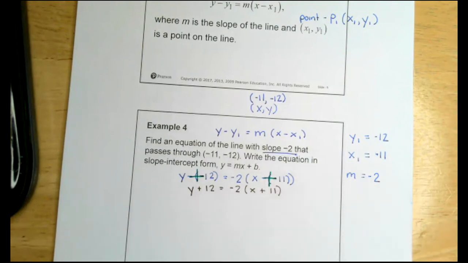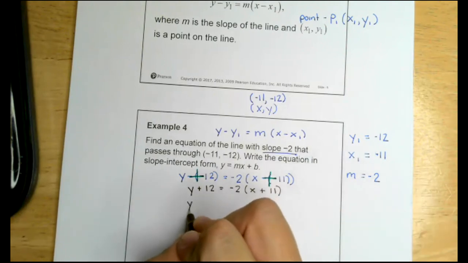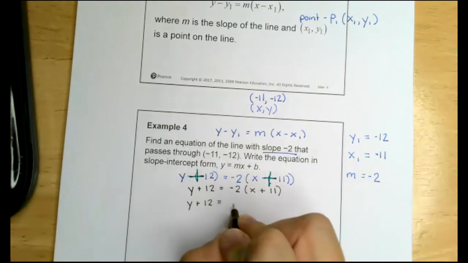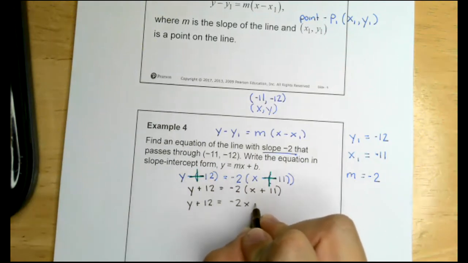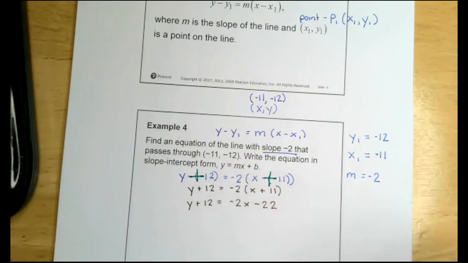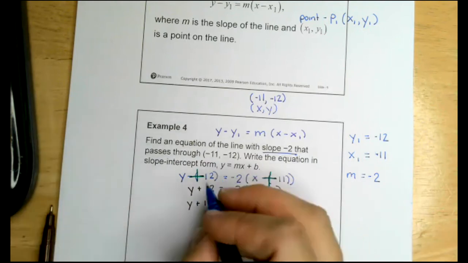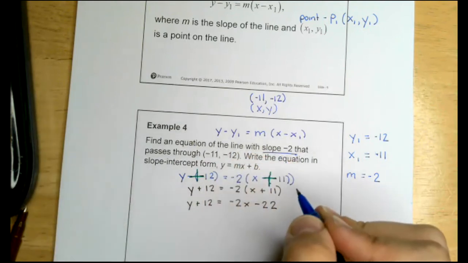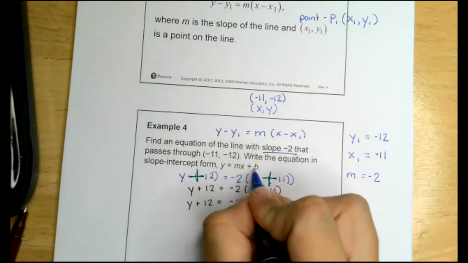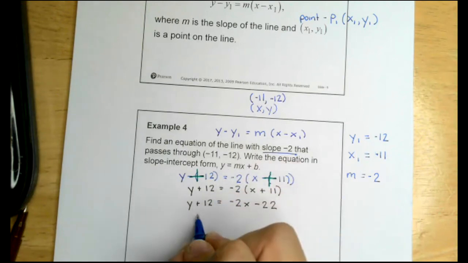Now let's distribute that -2. Y plus 12 is -2x minus 22. Okay? And that's just algebra. Now I want it in y equals mx plus b, so I want y alone.